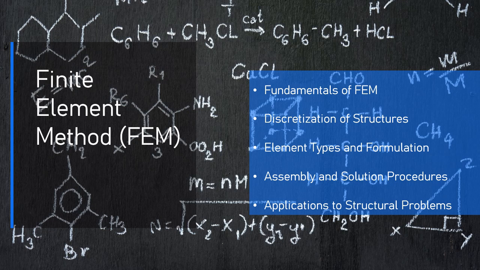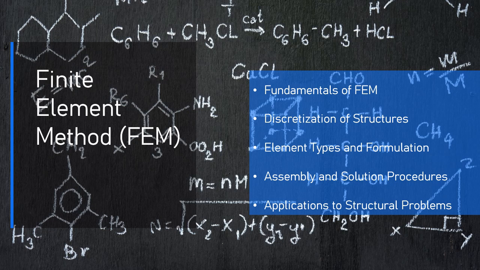Define the geometry. Determine the exact shape and boundaries of the structure or domain you want to analyze. Divide the domain into elements. The structure is divided into small, simple elements. For 2D structures, this might involve subdividing the surface into triangles or quadrilaterals.